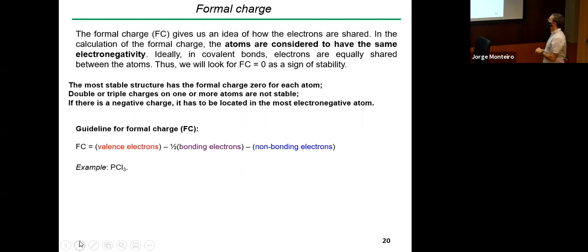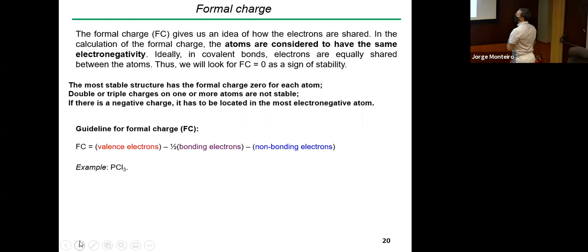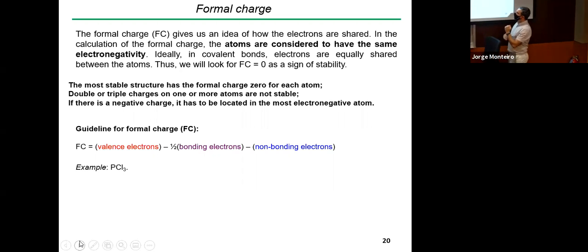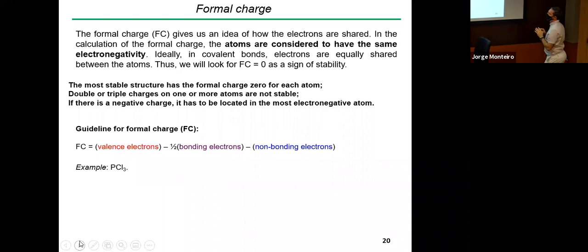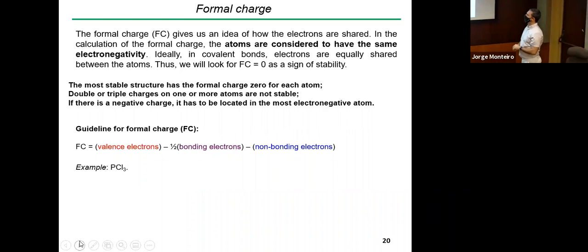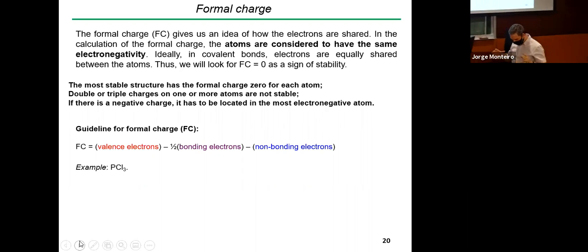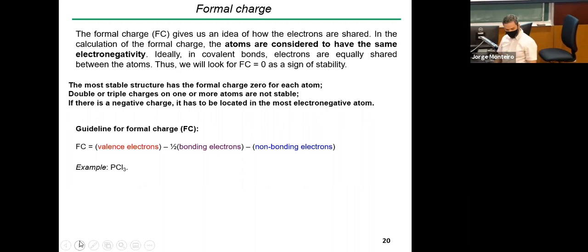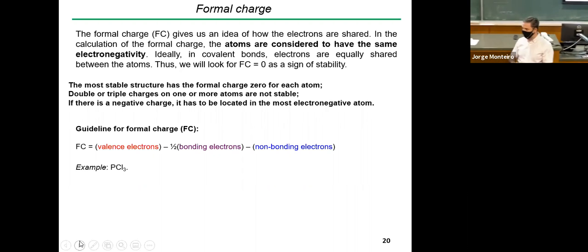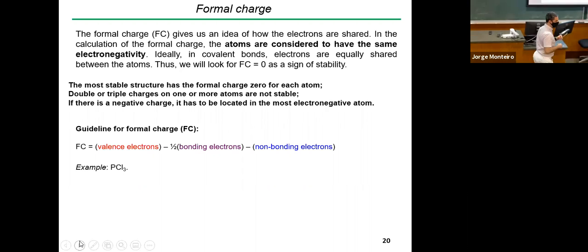So the rules are: the most stable structure has formal charge 0 for each atom. That means all the electrons are being perfectly shared and everybody has a slice of the pie.